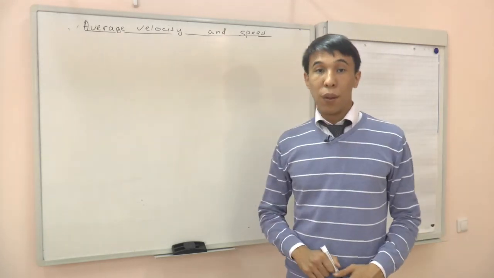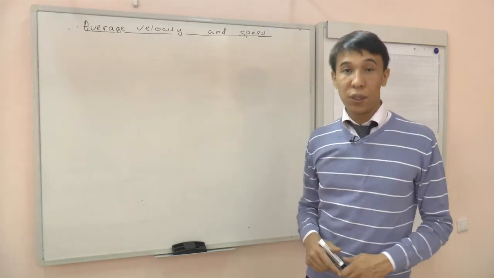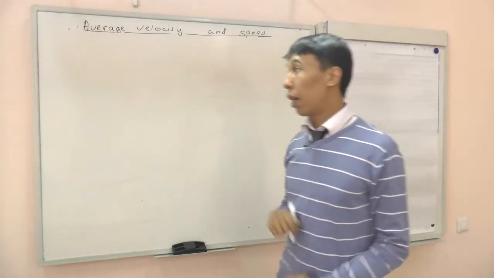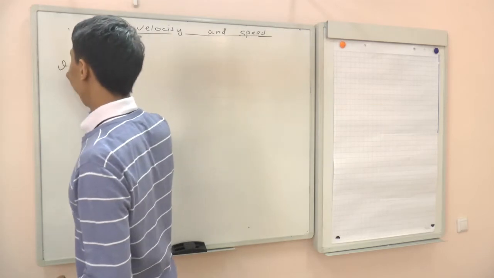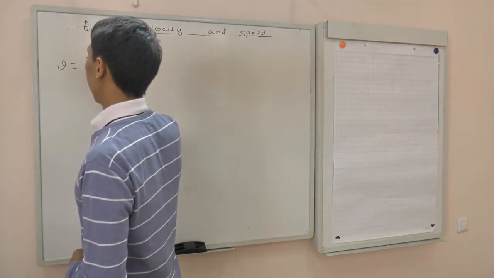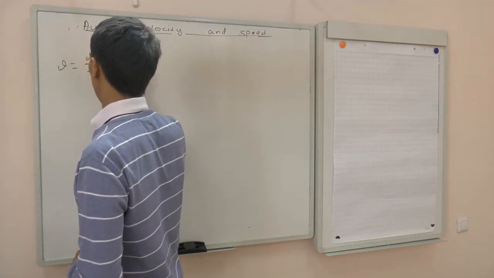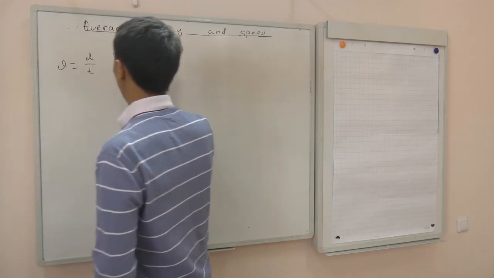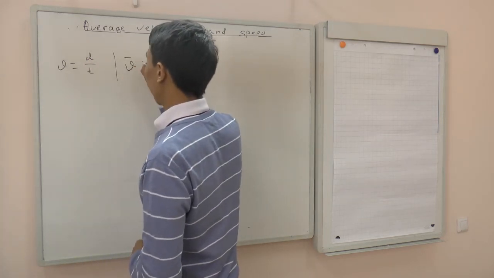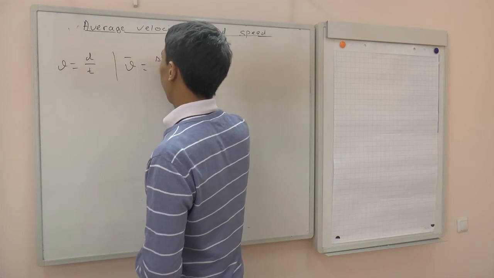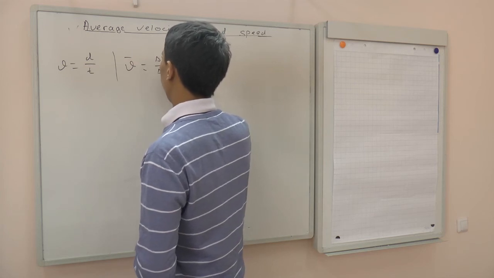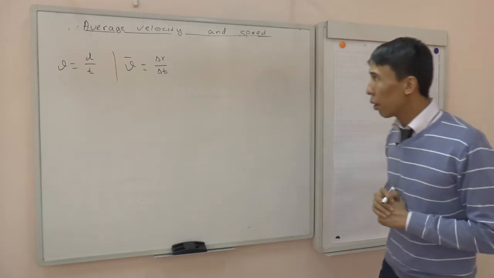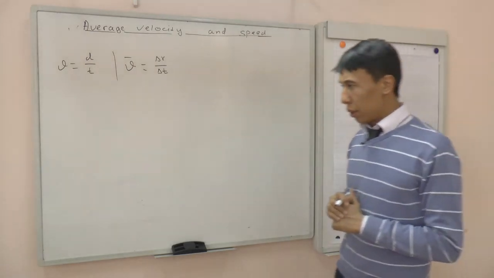Before we learn what average velocity and speed are, let's write the equations of speed and velocity. Speed is distance over time, and velocity, this is a vector quantity, delta x over delta t. Now, let's say it like that.